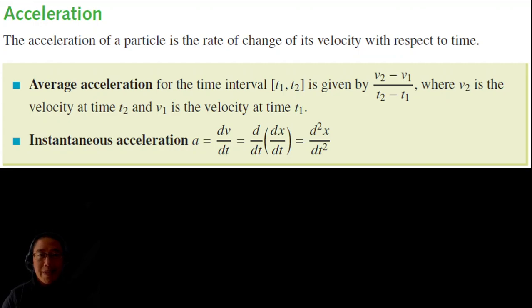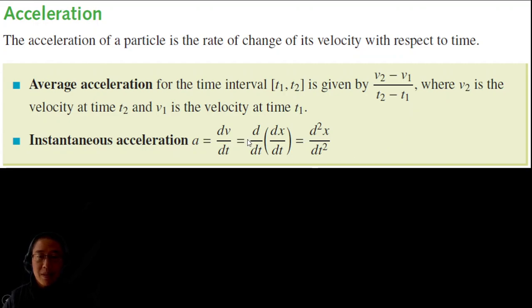Let's move on to another application of the second derivative of a function. In motion, it is called the acceleration of a particle. So it's the rate of change of its velocity, the derivative of the velocity. Here, the average acceleration is going to be the difference of velocity over the difference of time.